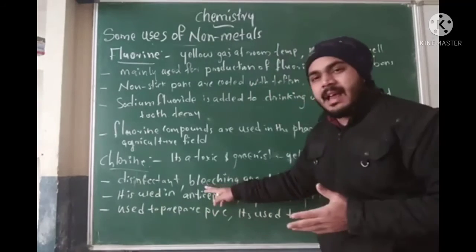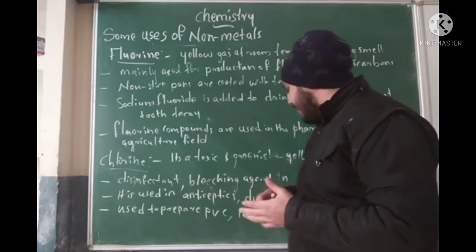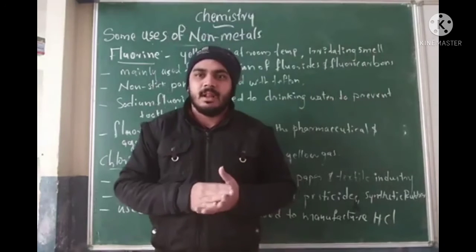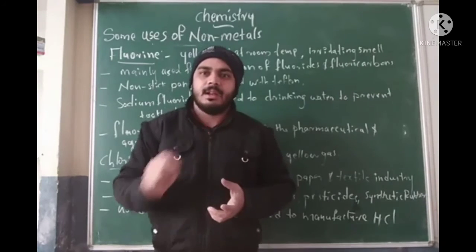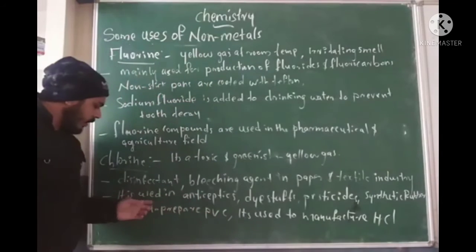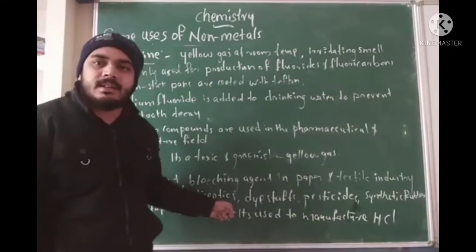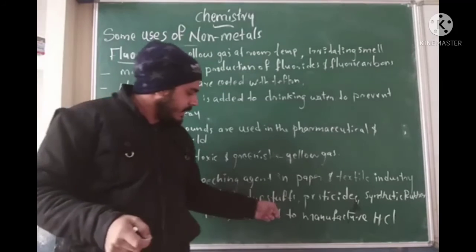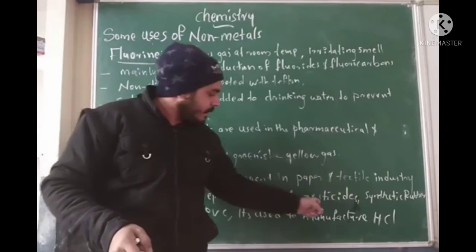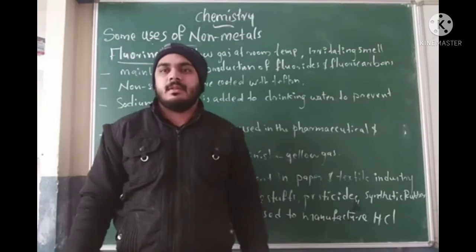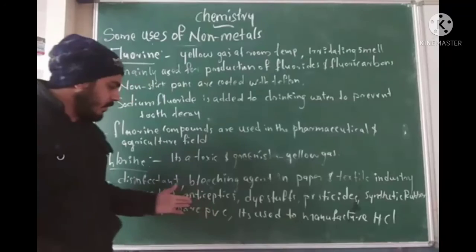And next, it acts as a bleaching agent in the paper and textile industries. And next, it is used in antiseptics, dye stuffs, pesticides and synthetic rubber. So these are uses of chlorine.